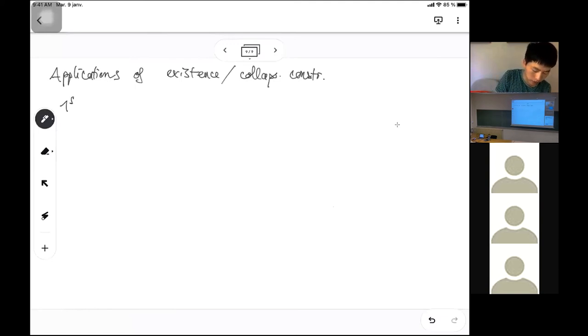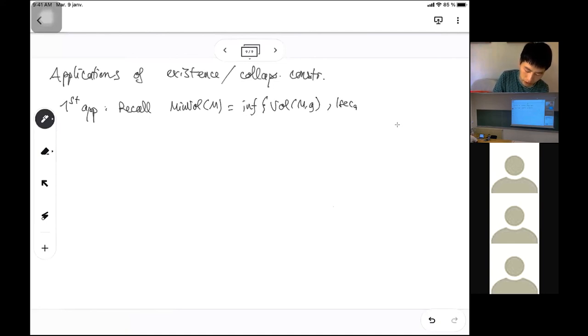I have two applications in mind. First, let's recall the definition of min-vol and S-min-vol. The min-vol of a manifold is simply the infimum of the volume of M when the sectional curvature is bounded by 1, and the S-min-vol is very similar, but you first fix delta and take the infimum of the volume of the delta thick part.